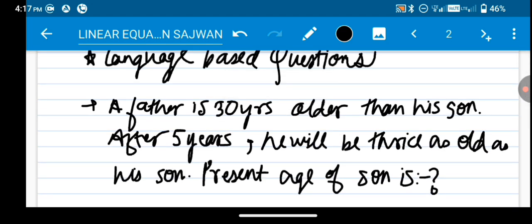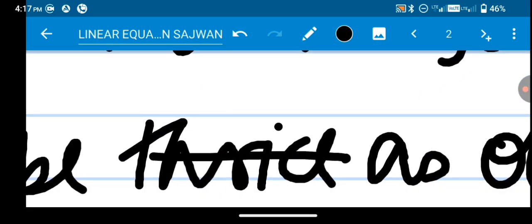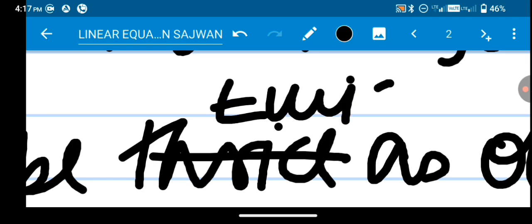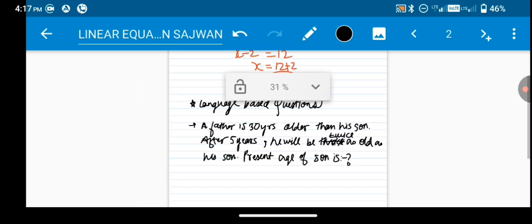After 5 years he will be twice as old as his son. The present age of the son is?